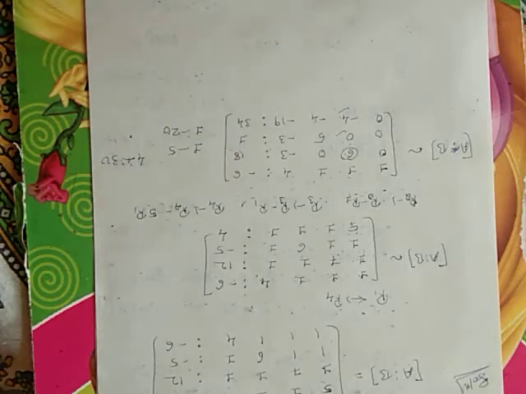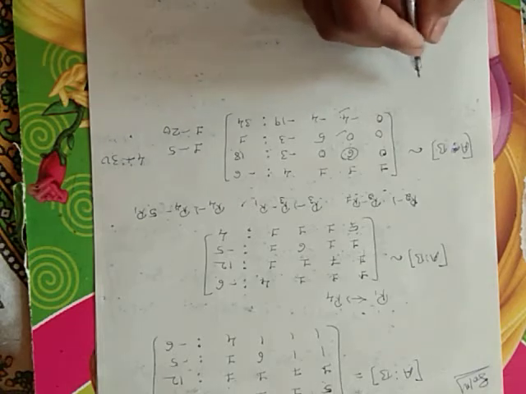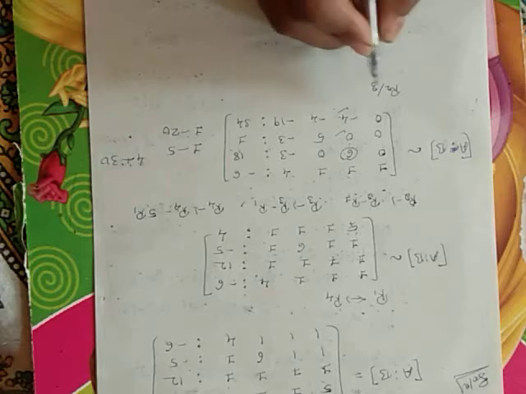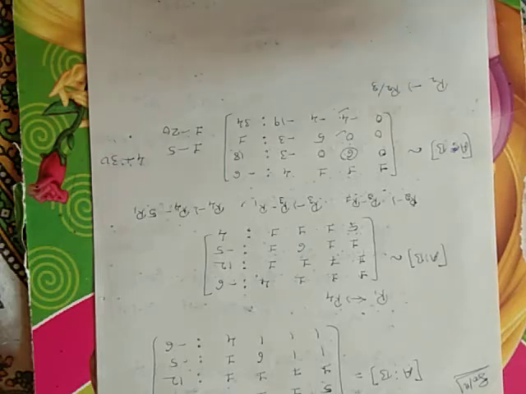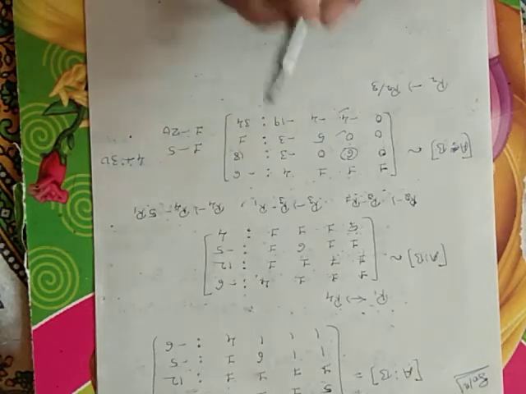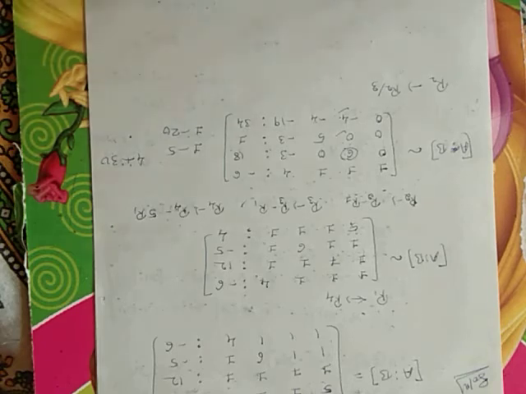You can make that simplification. If it is common, you can take that common. So R2 tends to R2 divided by 3, because all these terms are divisible by 3.